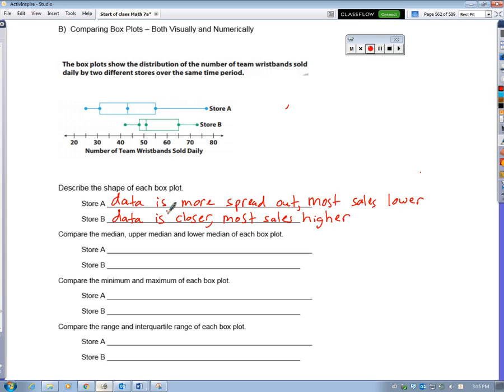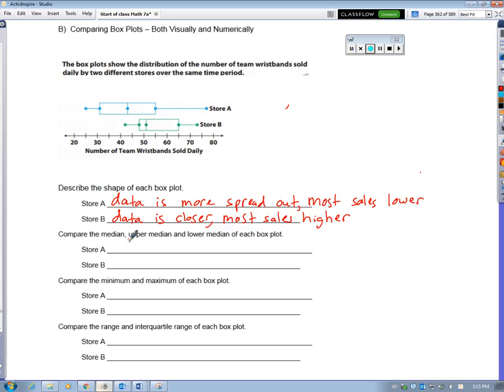Okay, I'm kind of shortening my writing here so that we get the point and that we're not spending a lot of time on the video writing more words than we need to get my point across here. Okay, so there's describing the shape of each box plot.